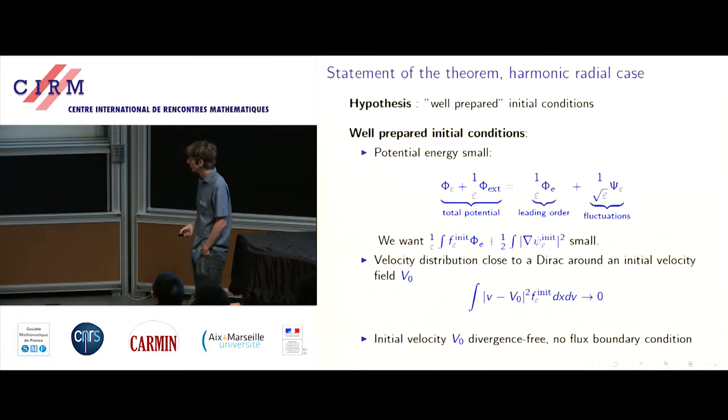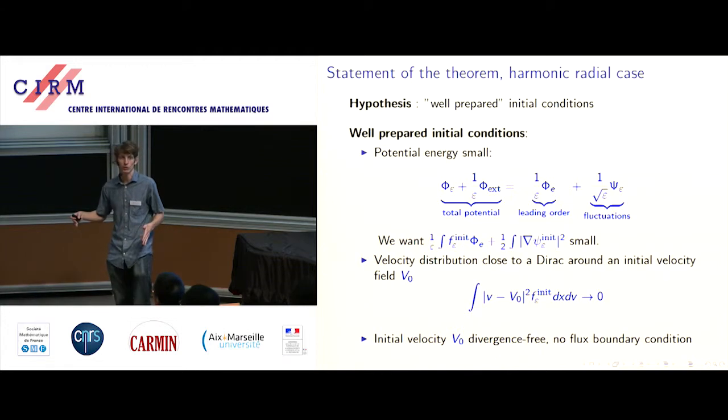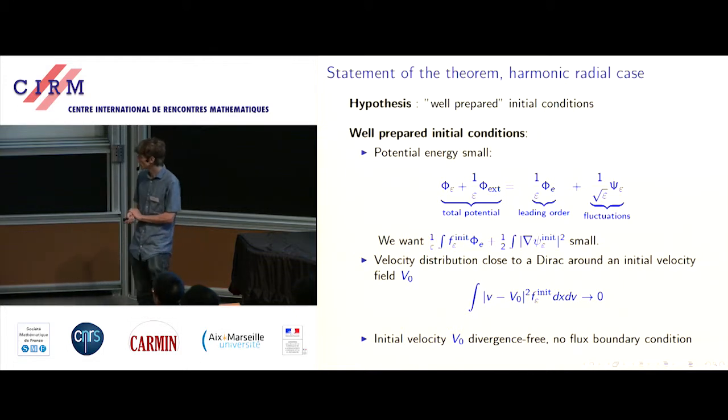It has to be small. And also we want this initial velocity V0 to be divergence free and to satisfy a no flux boundary condition. The domain, of course, will be the domain where the limit density is non-zero. So you can see these are strongly well-prepared initial conditions in this sense.